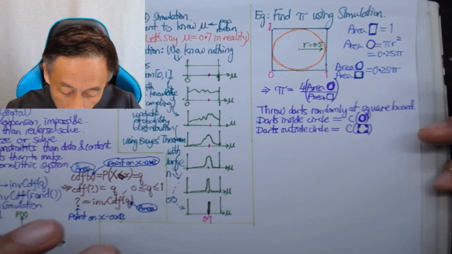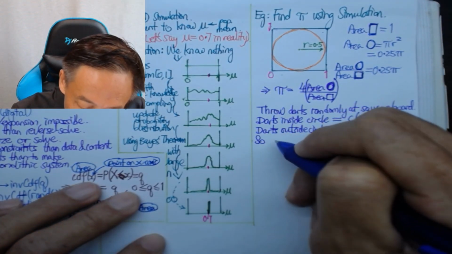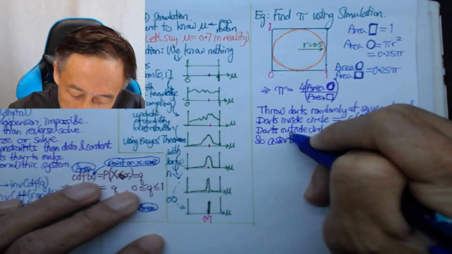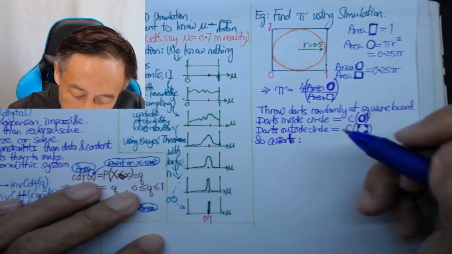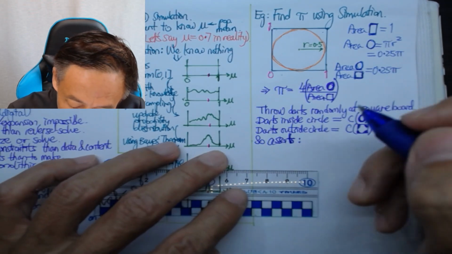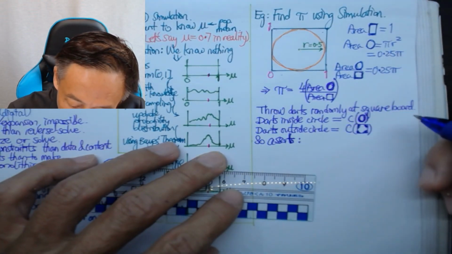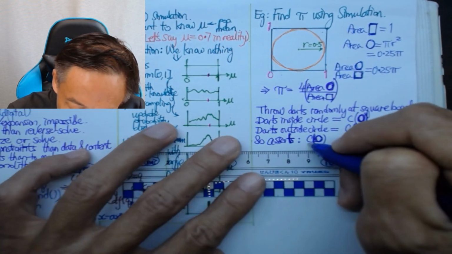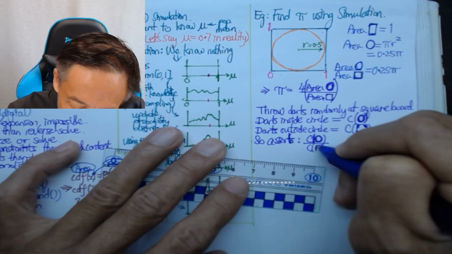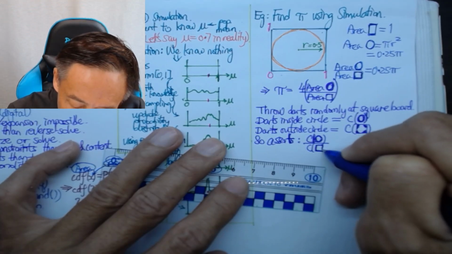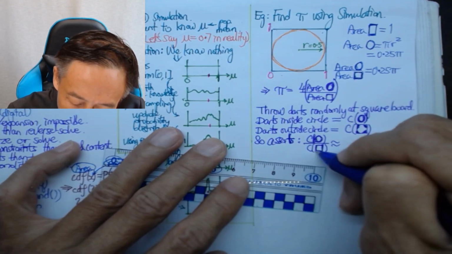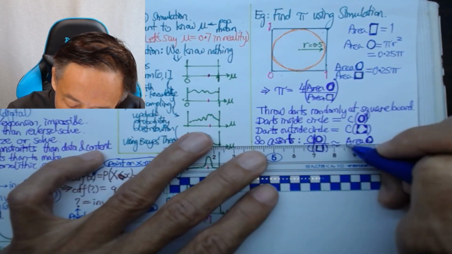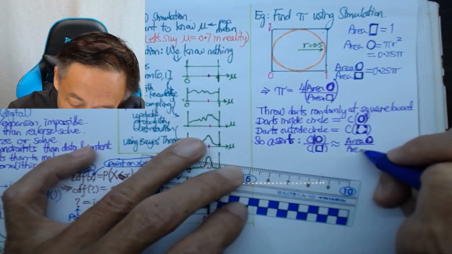So good. We assert that the count of circle over count of square is going to approximate area of circle over area of square.